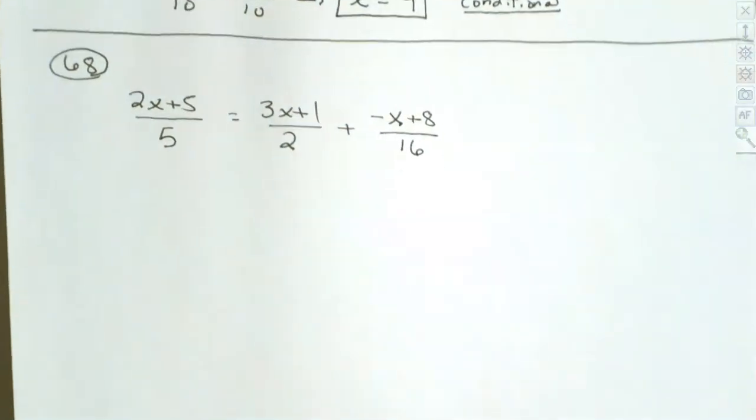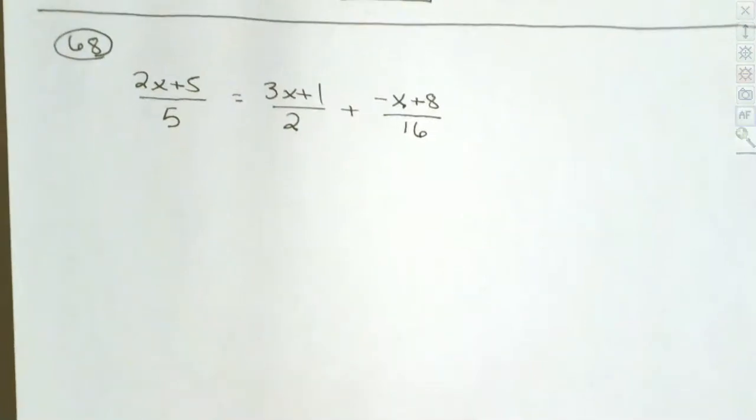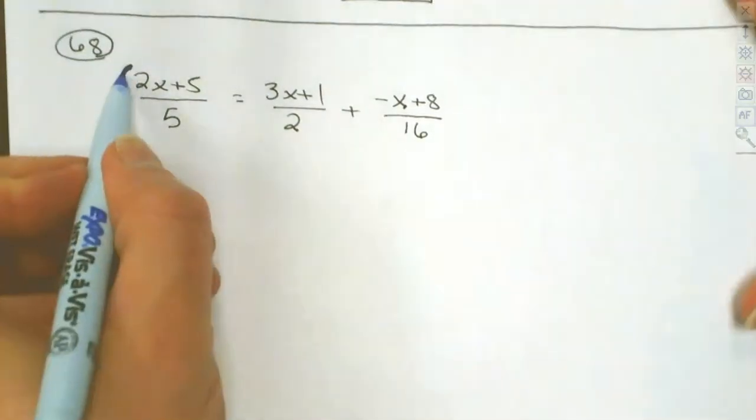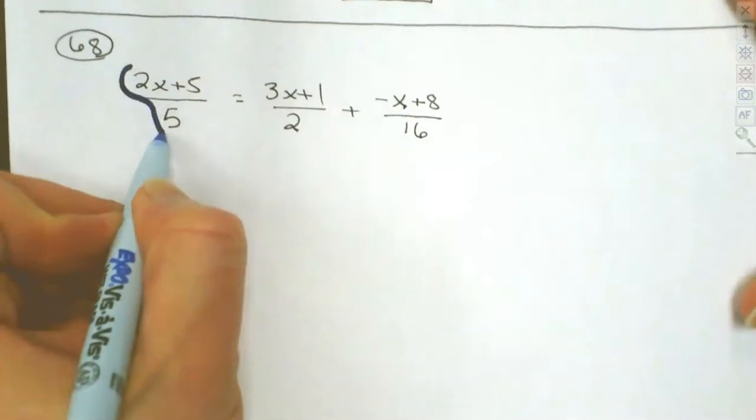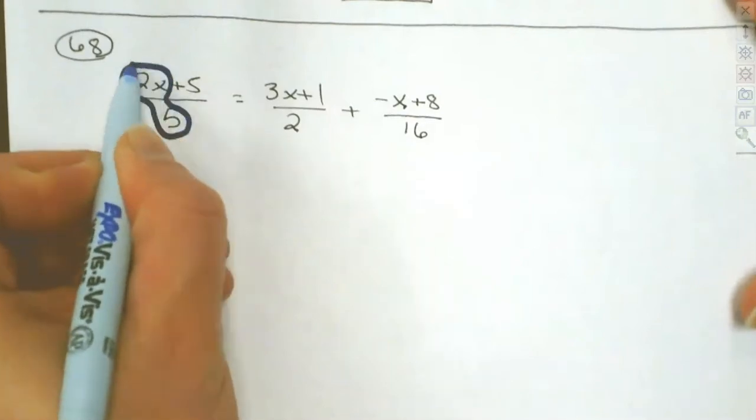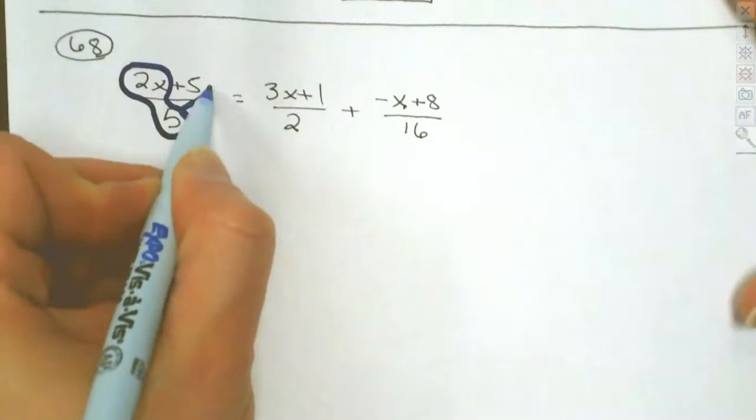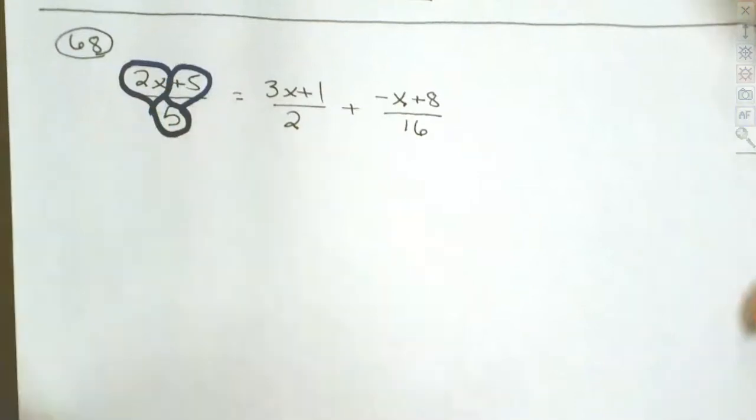Well, what do we want to do? We want to get individual fractions. That way we don't make a mistake. So before you do anything else, make sure you have all individual fractions. Break it up into individual parts. So we're going to take this (2x plus 5) over 5, and we're going to break it down into the two fractions.